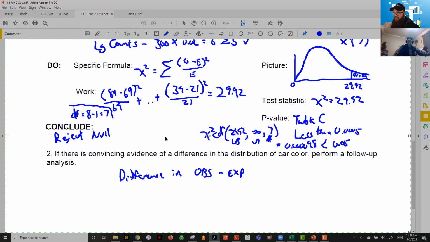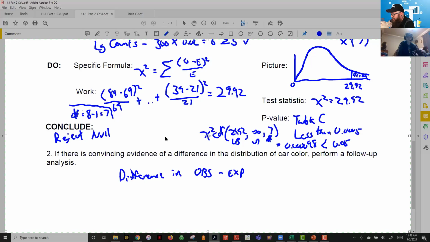Again, the big thing here is just taking away the big ideas, as far as understanding the formulas to use, as well as the conditions, understanding that on this, you just have randomness you're looking at, and large counts, which is taking the lowest expected count and multiplying it times your n value, your overall sample size, to see if that is greater than or equal to 5.